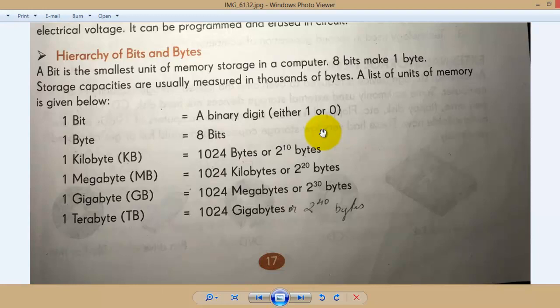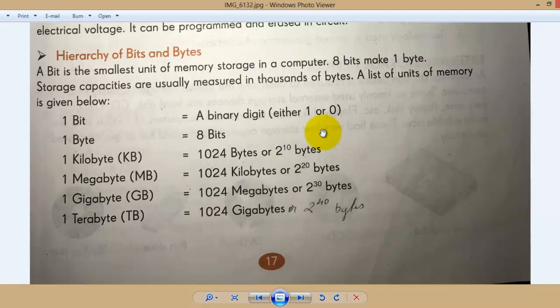So if someone asks which is the smallest unit of memory, the one used in our mobile phone or smartphone also, a bit is the same as in a computer, so 1 bit is the smallest memory unit. 8 bits equal 1 byte, and storage capacity is usually measured in thousands of bytes.